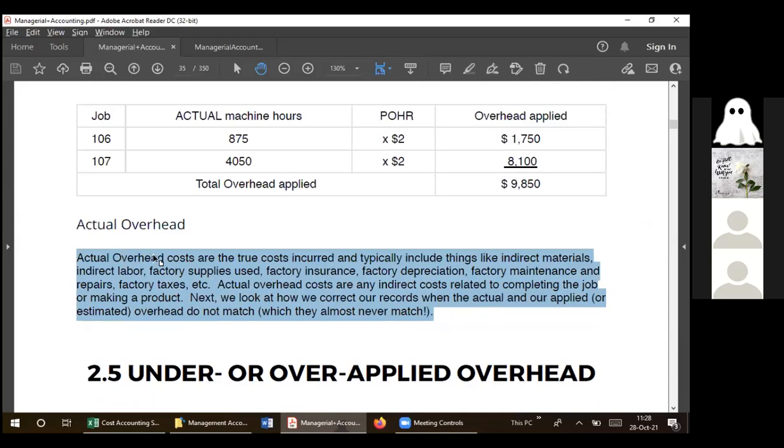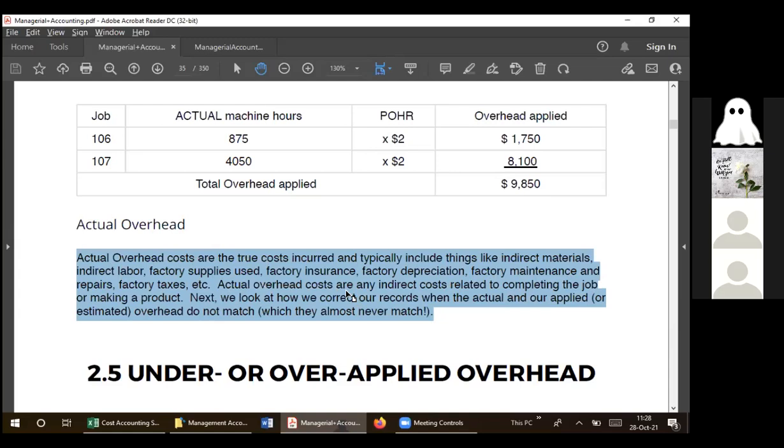So actual overhead costs are the true cost incurred and typically include things like indirect materials, indirect labor, factory supplies, factory insurance, depreciation, maintenance, and taxes. So actual overhead costs are any indirect cost related to completing the job or making the product.